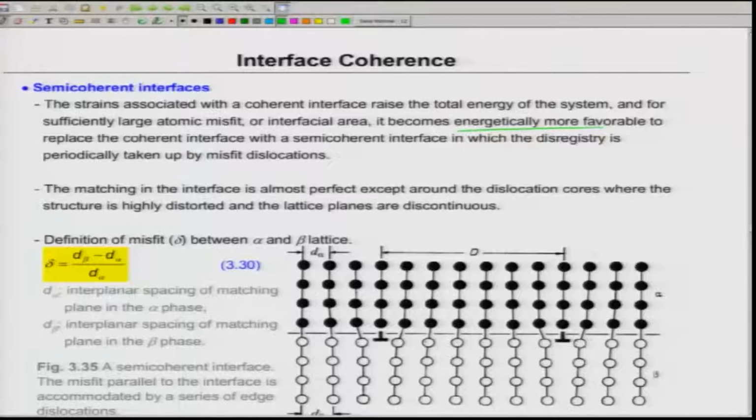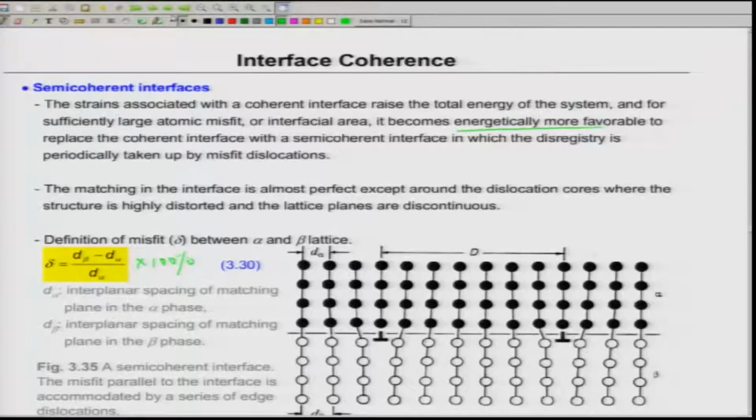It can be the other way also, negative and positive, both misfits are possible. So, d alpha is the interplanar spacing of the matching plane in the alpha phase, and d beta is the corresponding spacing in the beta phase. Delta is the misfit, and this is always expressed as a percentage. That is why you write 100. That is the way it is defined.